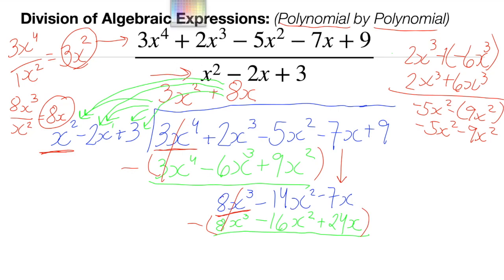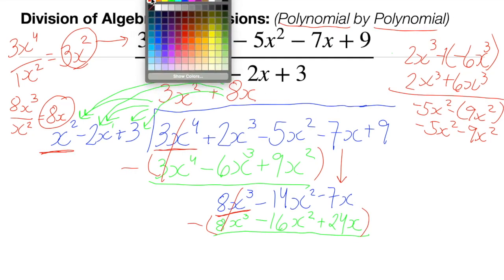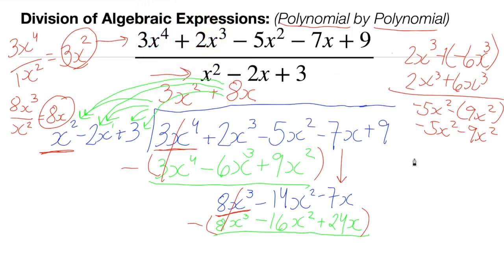And let's make our pen blue again. Okay, minus 14x squared minus negative 16x squared. Wait a minute, let's make that clear. Minus 14x squared minus negative 16x squared, I think that sounds better. By the double negatives, it will become positive.